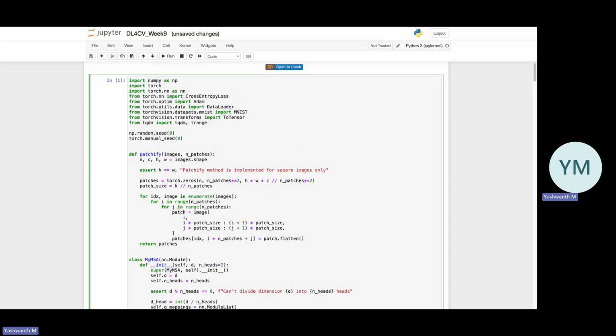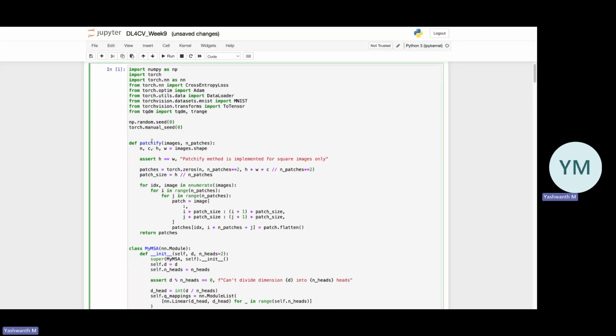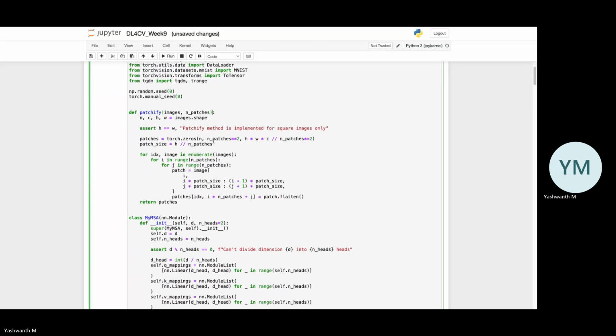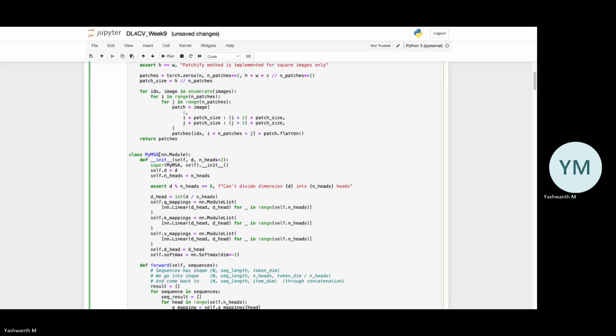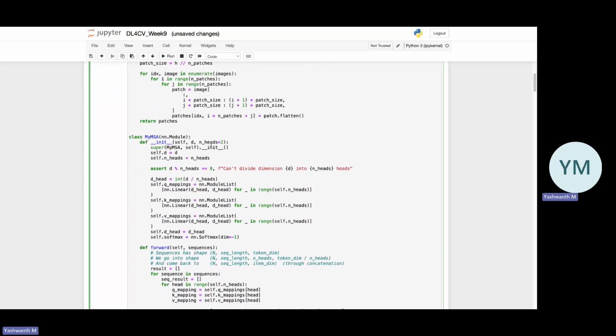The first function is patchify, where we convert the images to patches. The second is the multi-headed self-attention block, where the default number of heads is 2, and D is the dimension of the token.